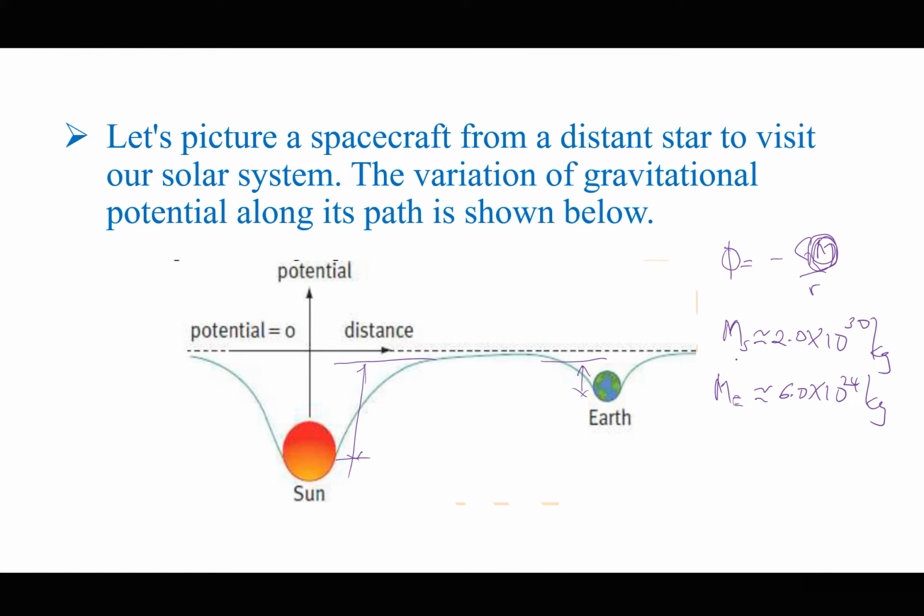What does that mean? The sun creates a deeper potential well than the earth. So we expect the change in potential to be greater for the sun compared to the change in potential for the earth. For any other planet which is less massive than the sun, its potential well will also be smaller. That's why you notice the change in potential here for the sun is greater than the change in potential here for the earth.